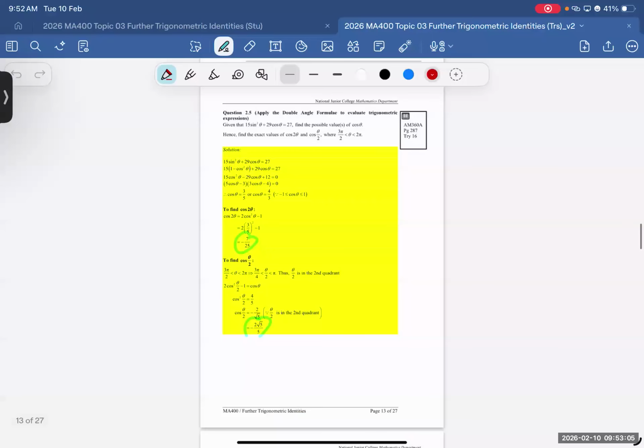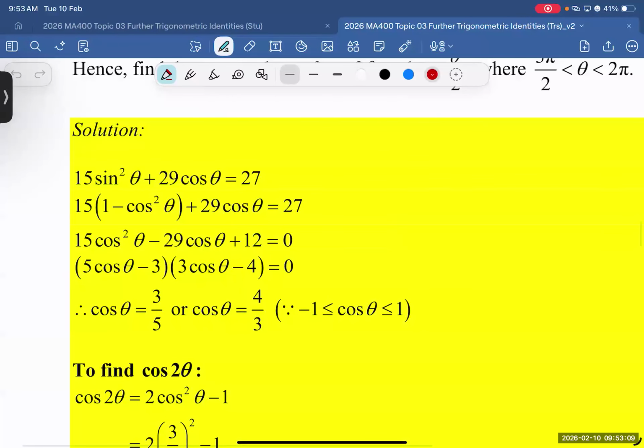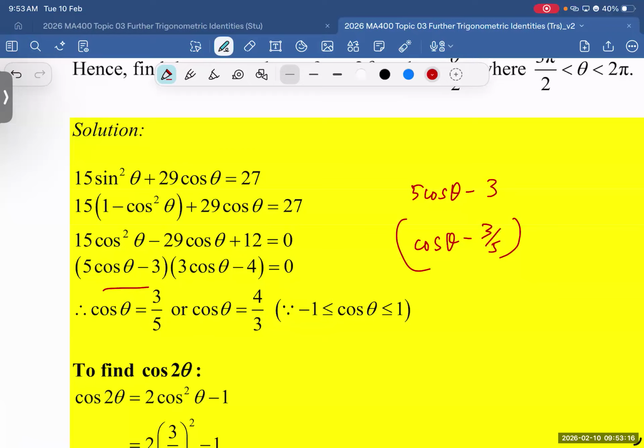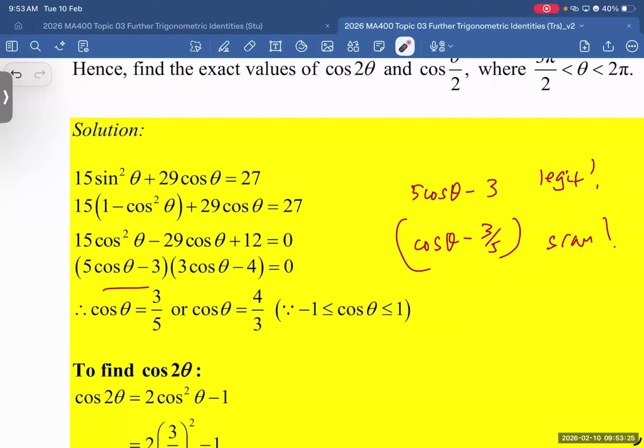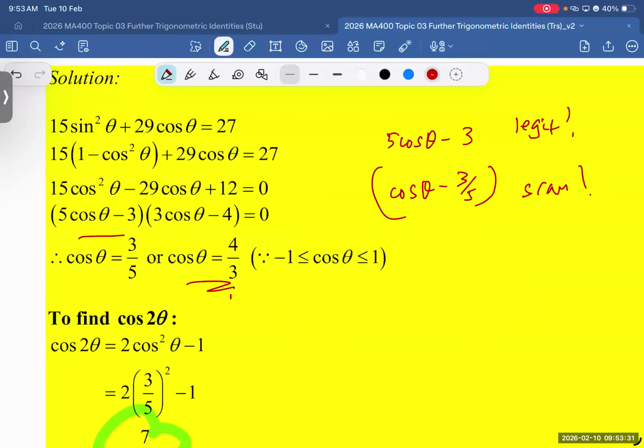Usually after factorizing, you will get 5 cos theta minus 3. You don't get cos theta minus 3 over 5. That's a scam. This is legit. When you do the second one, the teacher will know. So you try not to. Now then, cos theta which is 4/3 will be rejected. Why is it rejected? Because cosine theta is between -1 and 1.